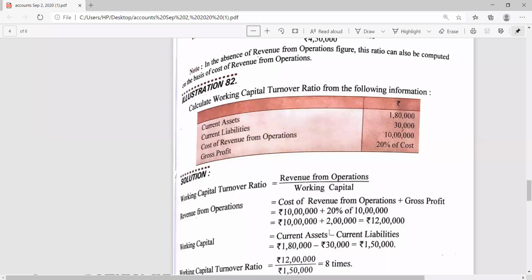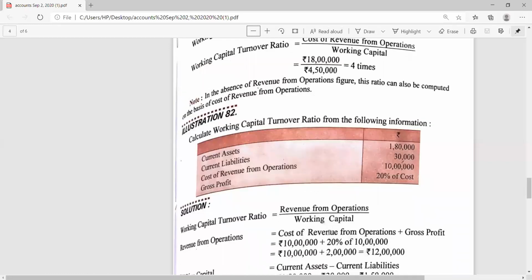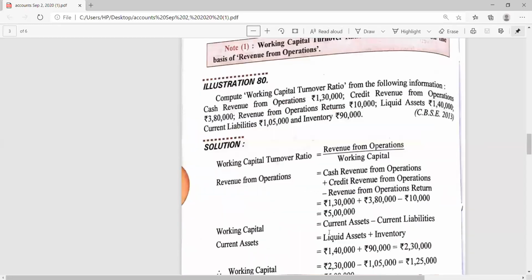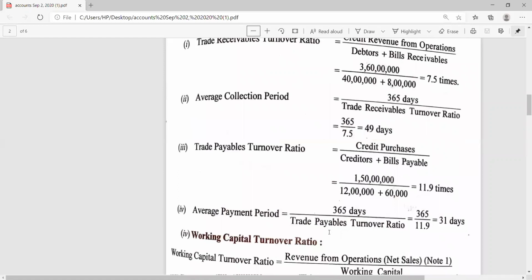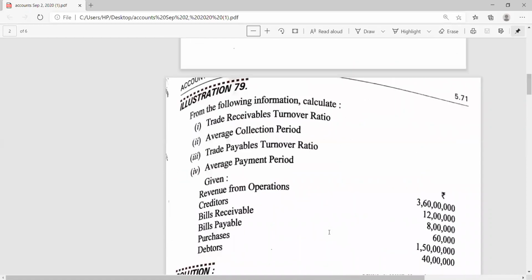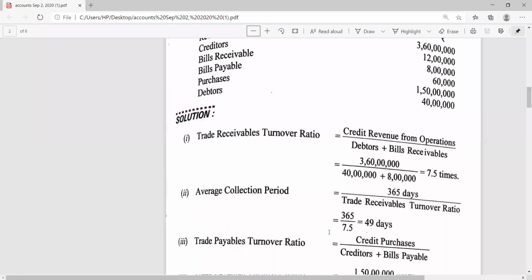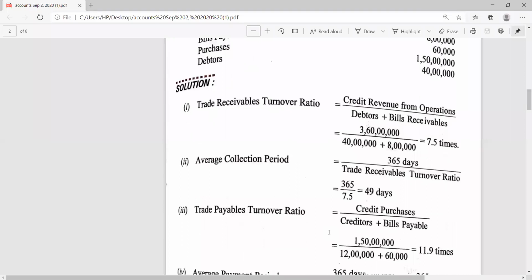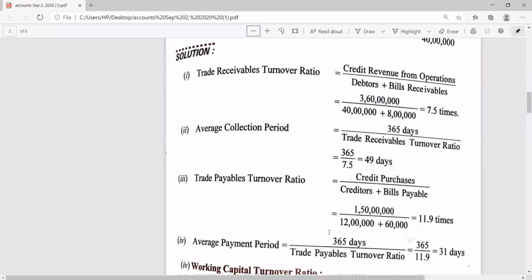Then the trade payable turnover ratio, that we did today only. The formula is credit purchases divided by average trade payables.